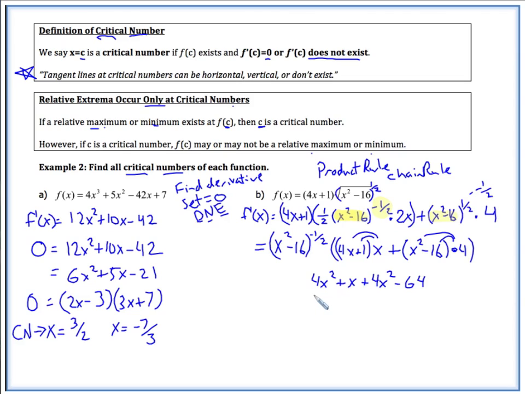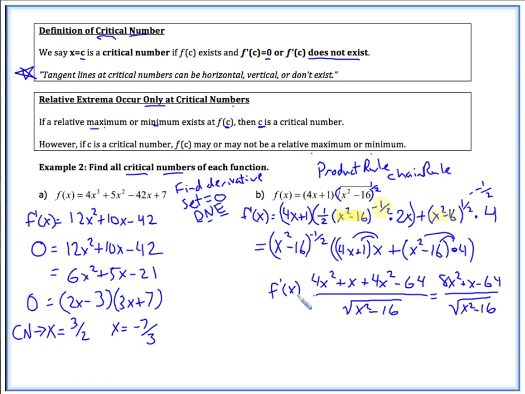Okay, and all this is going to be divided by the square root of x squared minus 16. And if we rewrite this, we get 8x squared plus x minus 64 over the square root of x squared minus 16.